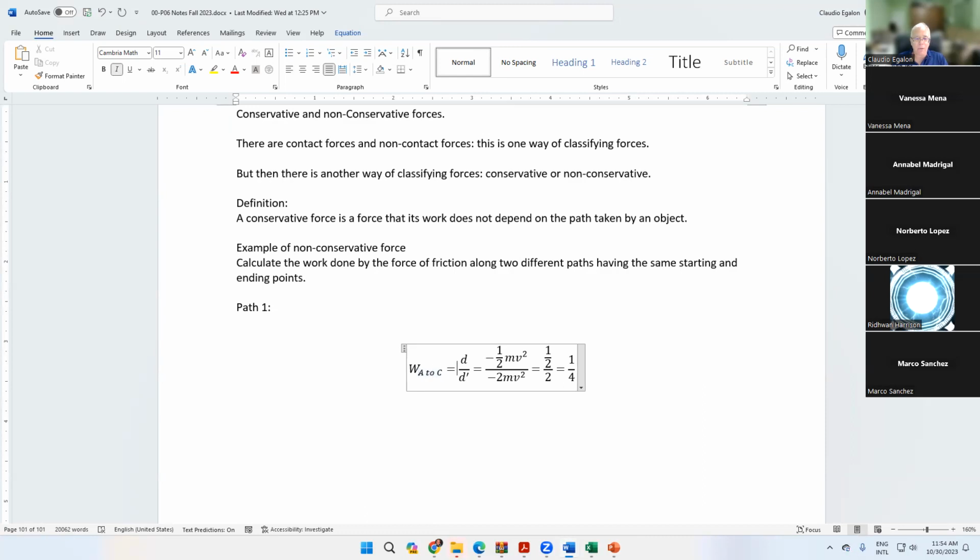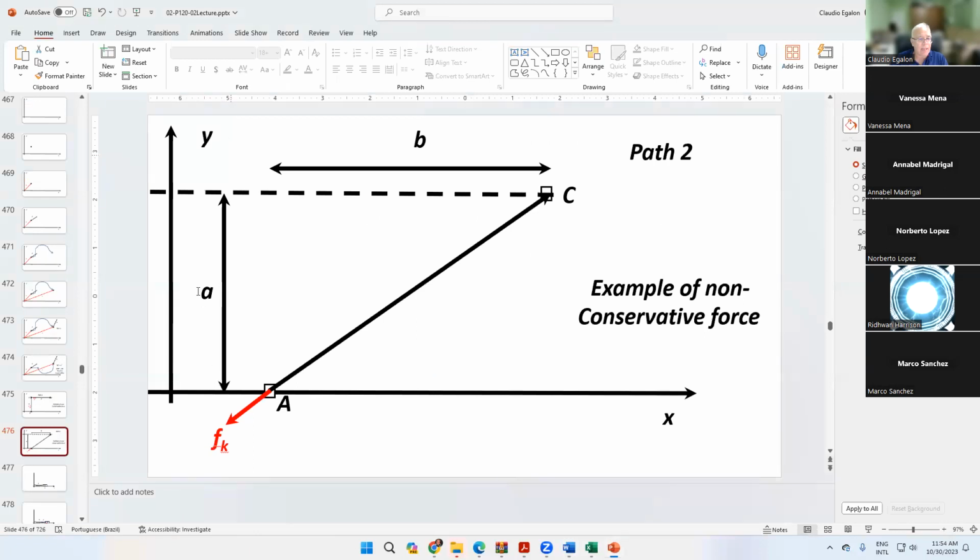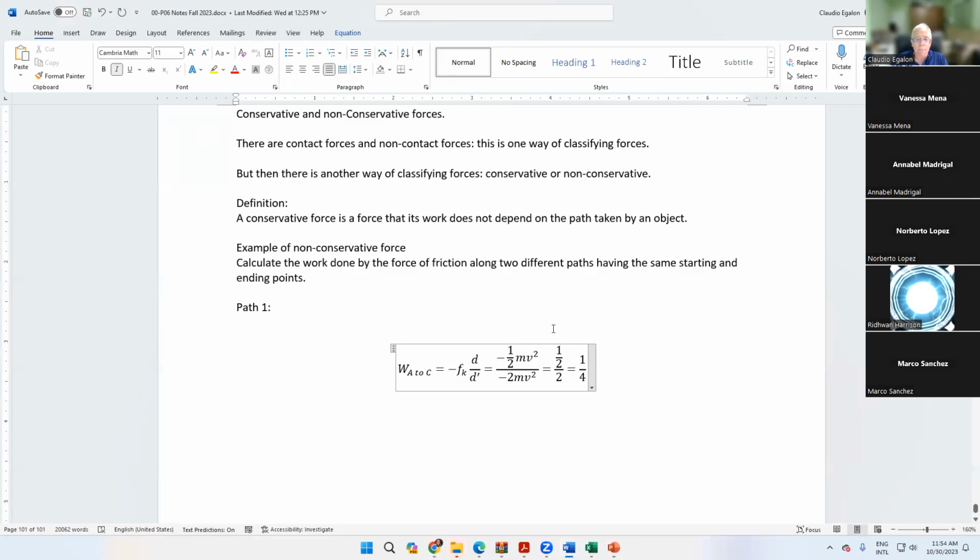Okay, work done from A to C is going to be minus F sub K times A. Pass one, F sub K times A minus F sub K times B. Like that.